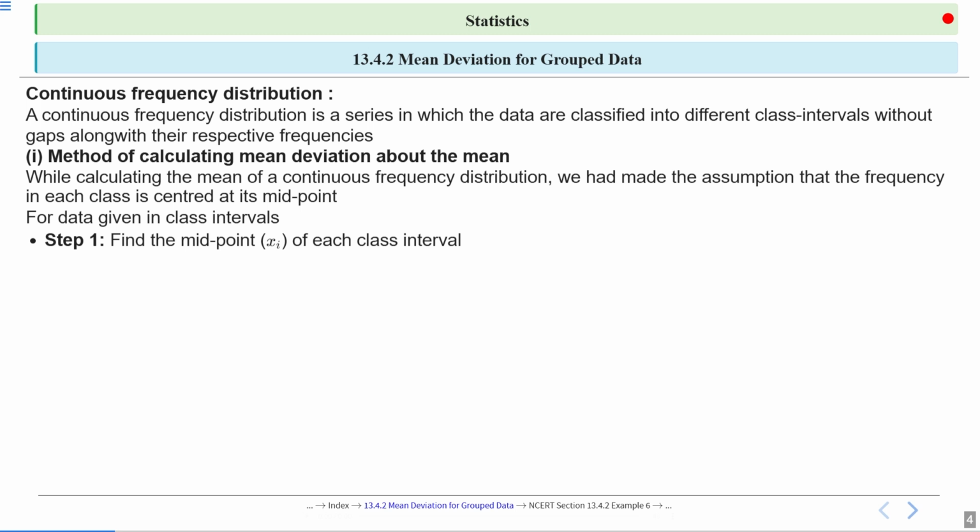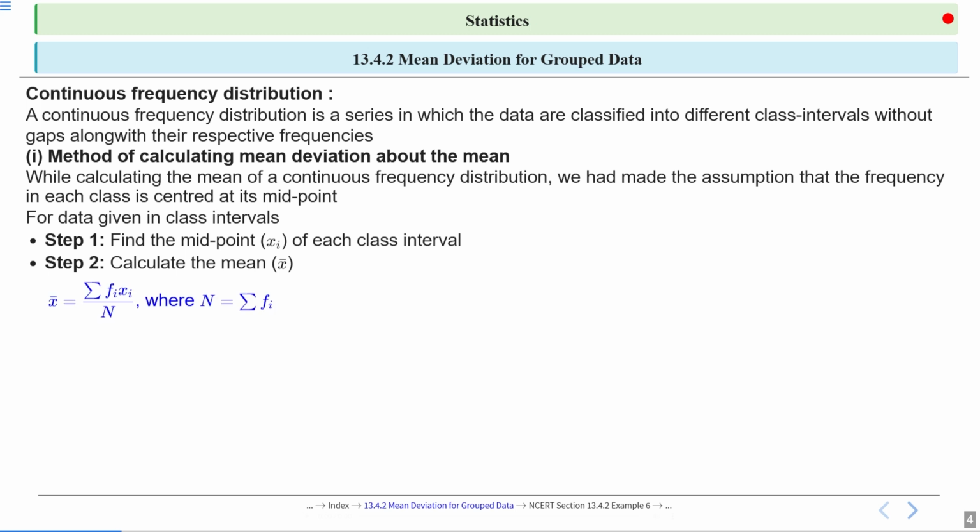Step 1 is to find the midpoint, which we call xi, of each class interval. Step 2 is to calculate the mean, which we write as x bar.